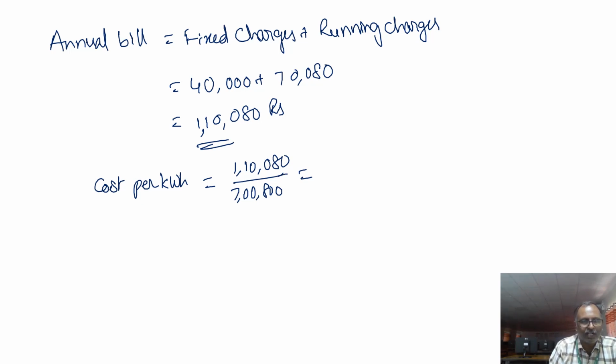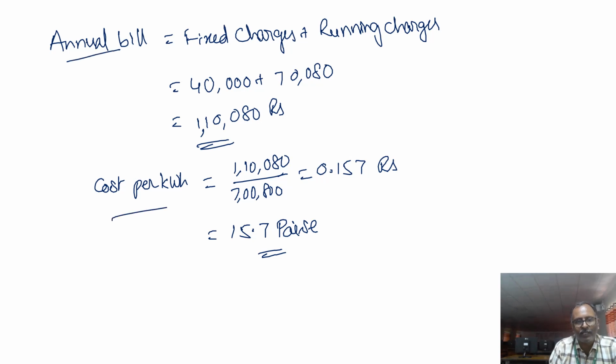So the cost is given by 0.157 rupees, which is equivalent to 15.7 paisa. Okay, this is how to find out the annual bill and cost per kilowatt hour.